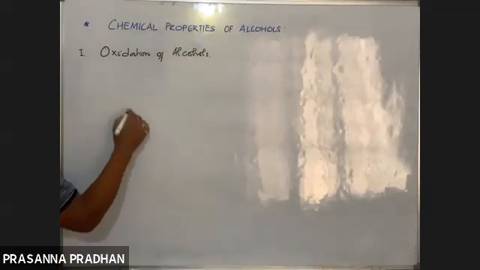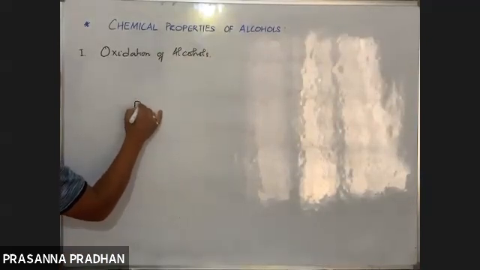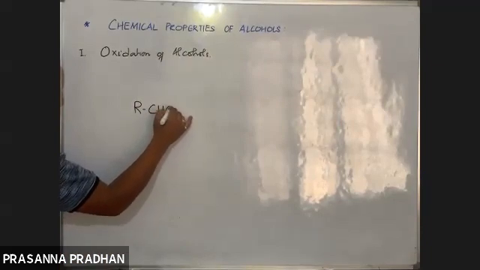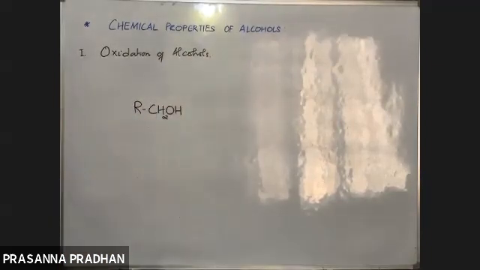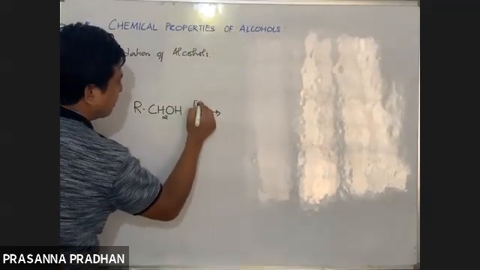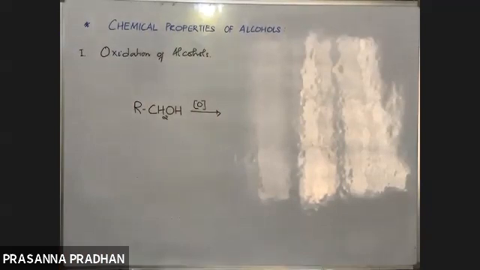Now, if you remember, 1 degree alcohol, RCH2OH, on oxidation gives us what? What is the first product formed on oxidation of 1 degree alcohol?